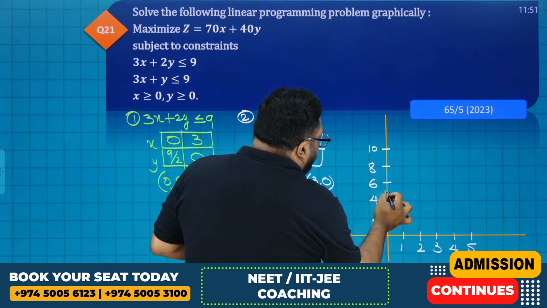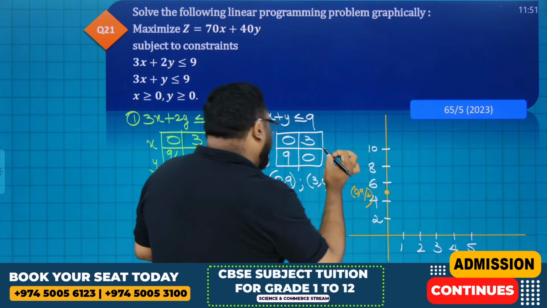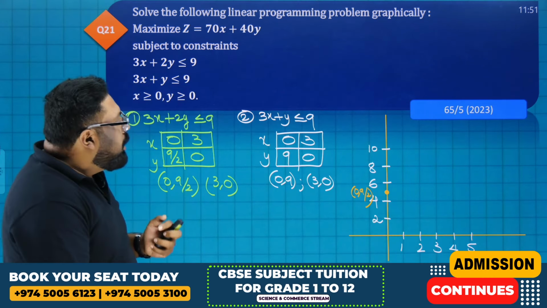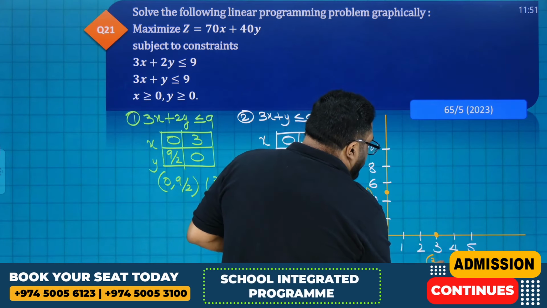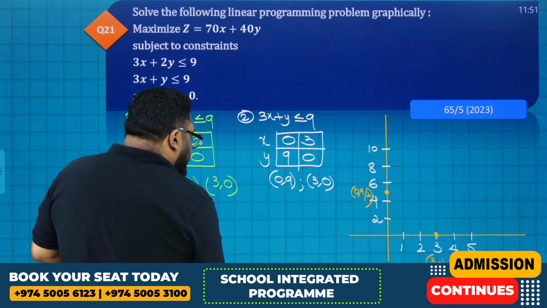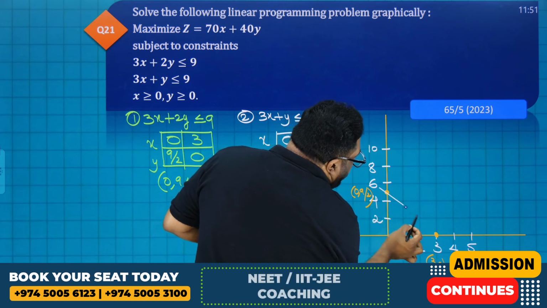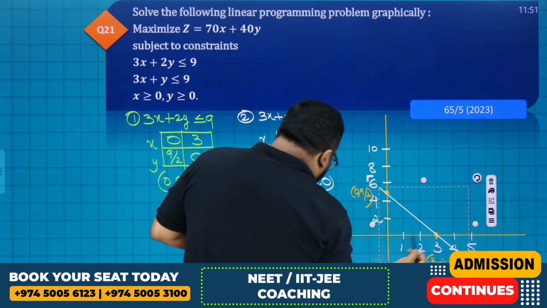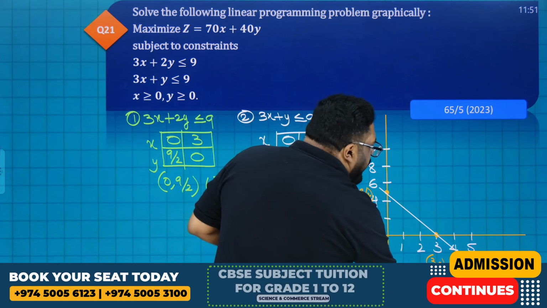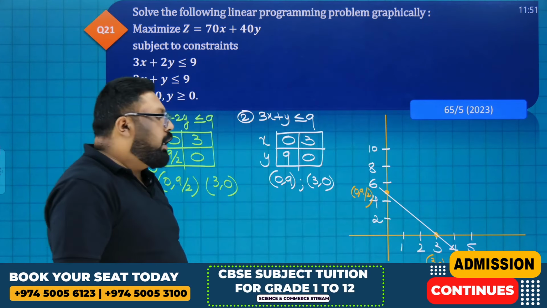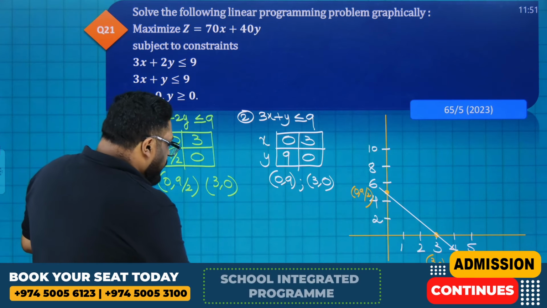That is somewhere over here. The first point, 0, 9 by 2, 4.5, up to 3, 0. So I got my first line, my dears. My first line is from here to here, and I will call it equation number 1. I already named it. It's useful for us in drawing the diagram.